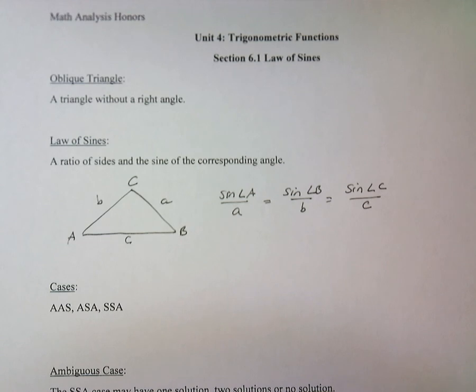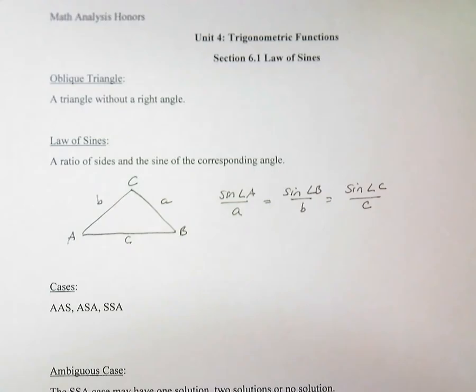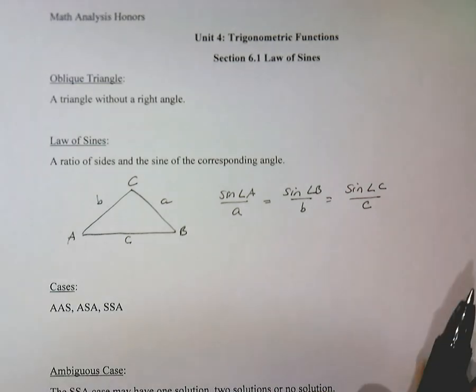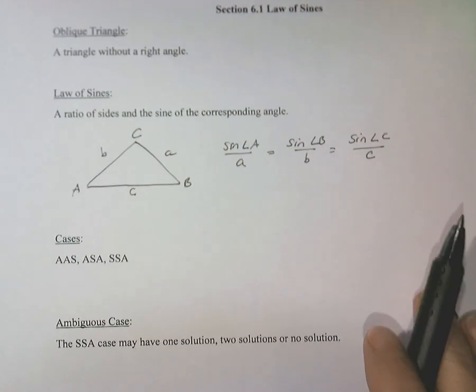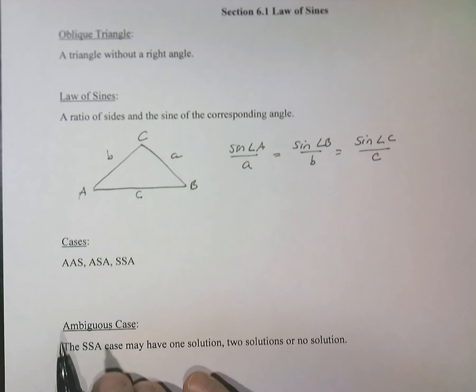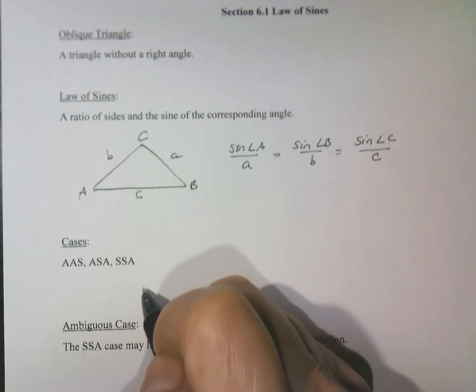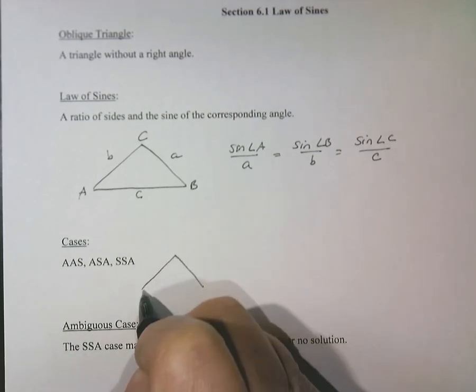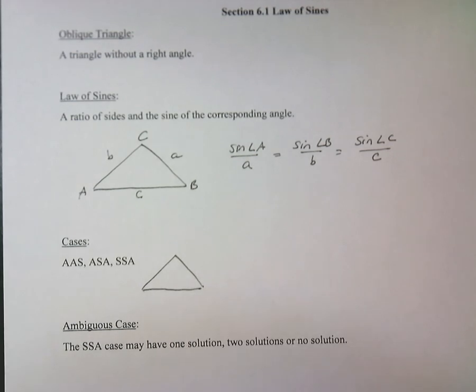Law of sines can be used for 3 different cases, and it's important that you understand which case you're talking about, because we're also going to do law of cosines, but I do expect you to tell me which case is being used. So if you're given 2 angles and the side that's not between them, let's draw a generic triangle.